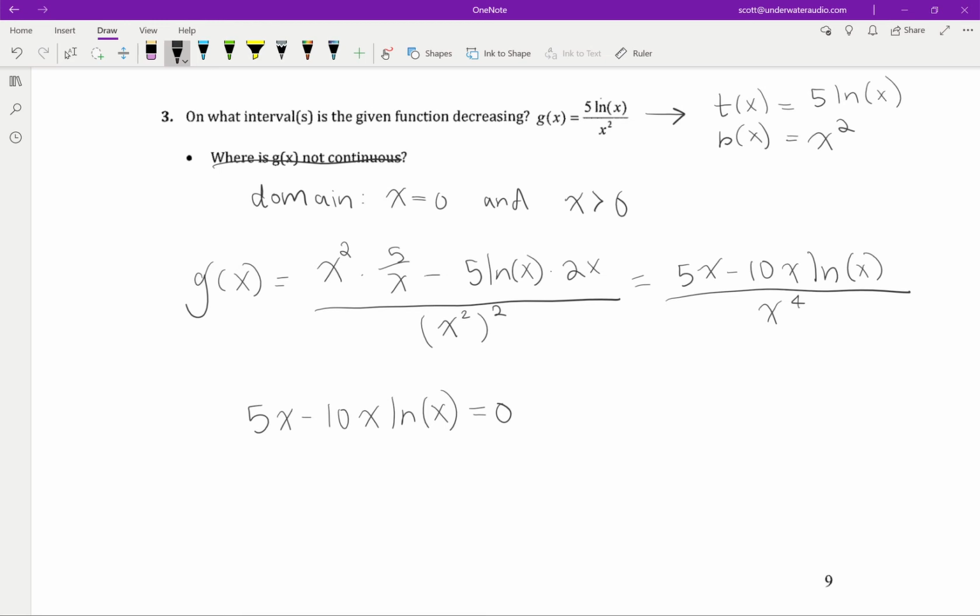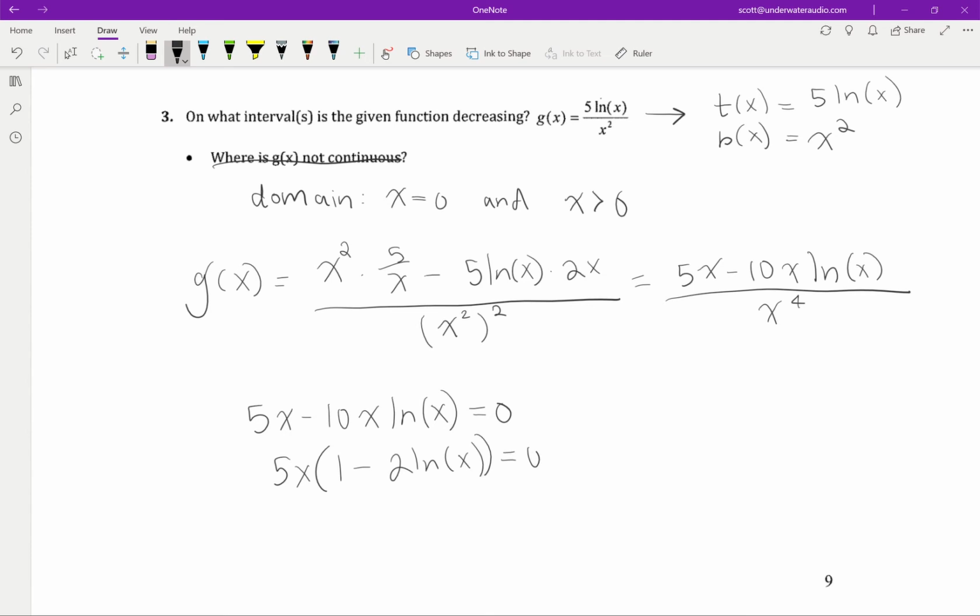I already know I can't plug in x equals 0, since it's not in my domain. The way I would do that is by factoring out a 5x. That'd be 1 minus 2 natural log of x. Okay, let me check my work real quick. If I multiply by 5x, yeah, okay, that works.